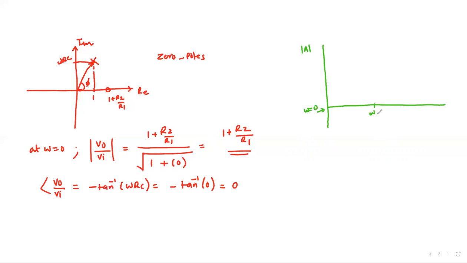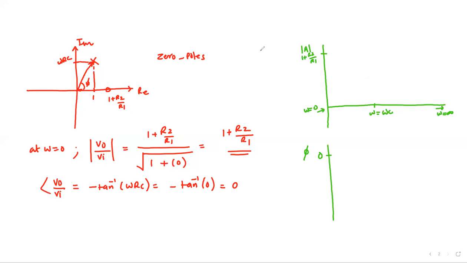Somewhere here we have omega equal to omega c, and here omega is equal to infinity, or a very, very large value. So at omega equal to 0, the magnitude takes the value of 1 plus R2 divided by R1. That is the value of magnitude or gain. Similarly, the phase can also be drawn here. We see that the value here is 0. Phi is equal to 0.